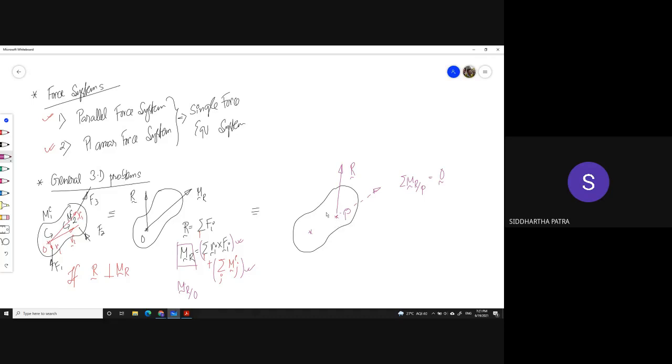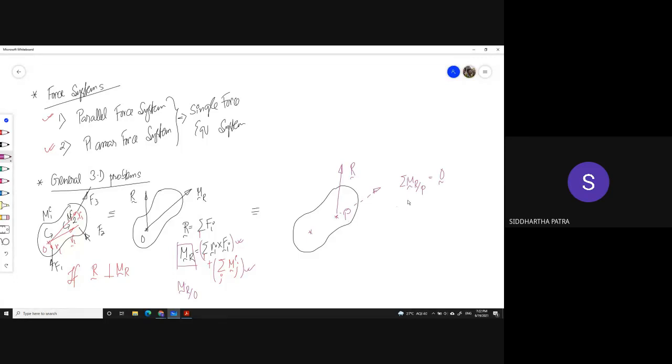I mean, if fortunately we could have originally chosen P instead of O, and we reduce the entire system to an equivalent system here, we would be getting only the resultant force. The resultant moment becomes zero. Okay, the net moment required would be zero.